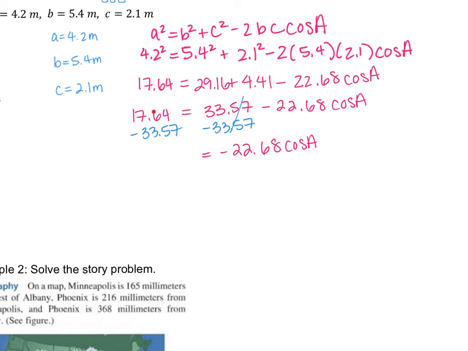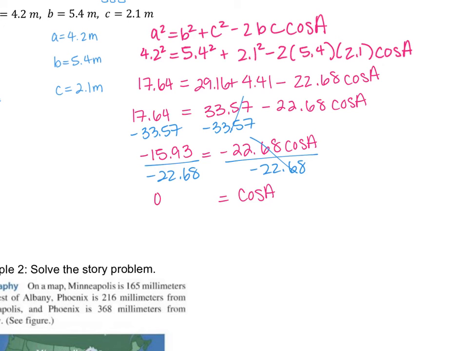So if I take this number and subtract it from 33.57, I get negative 15.93. And so I can divide it from negative 22.68 on both sides. So this helps me cancel things off. Cosine drops down. And I just need to plug this into my calculator and round. And I'll round to 3 decimal places like usual.